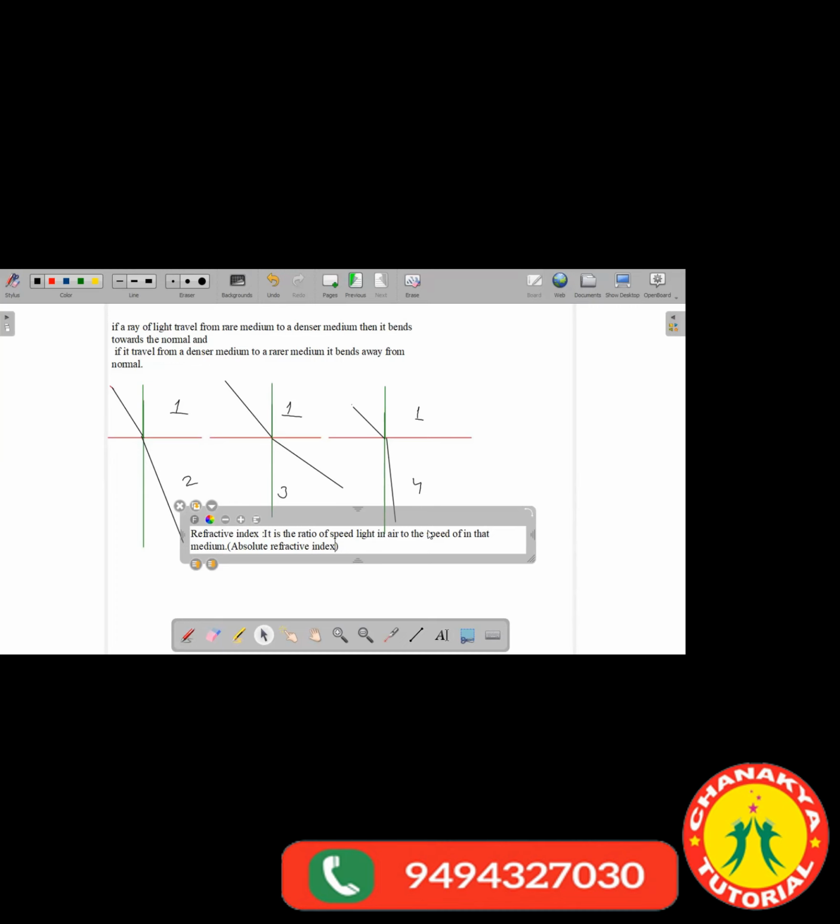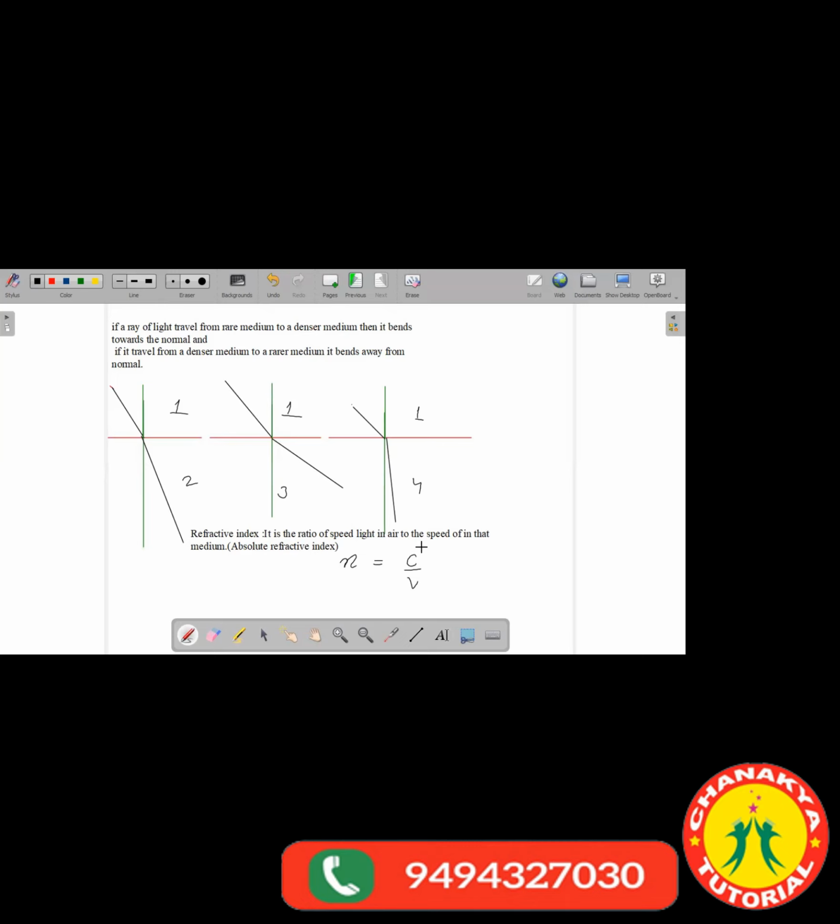Different books use different symbols. There are two most common symbols which are used for writing down the refractive index. So we write refractive index with the symbol n. n is equal to c by v, where c is the speed of light in air, which is fixed.